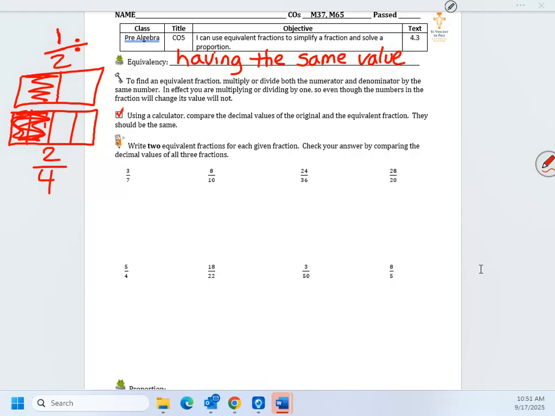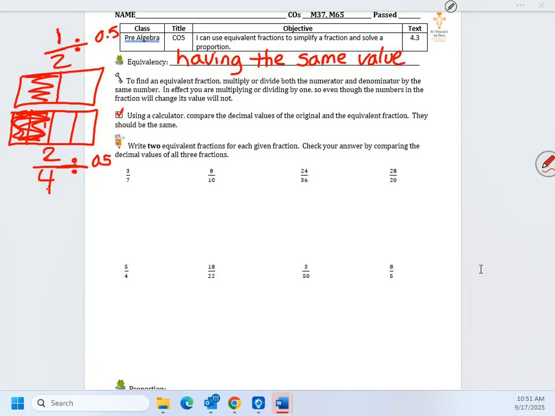0.5. Now, if I have 2/4, what am I going to put into my calculator? Elliot? 2 divided by 4. Always the numerator first, then divided by, then your denominator. If you put in 2 divided by 4, what decimal do you get? Elliot? 0.5. So we get 0.5 up here, 0.5 down here.